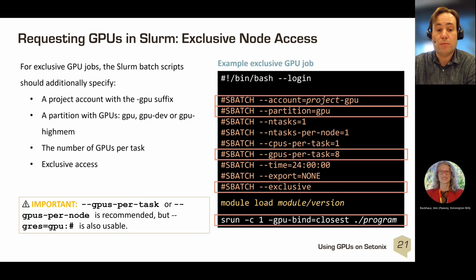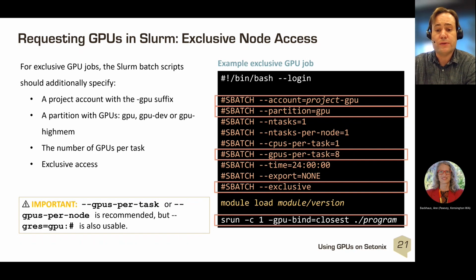The number of GPUs per task, or the GPUs per node, is the recommended way of requesting GPUs through the Slurm batch scripts. If you look through the Slurm documentation, there are a couple of other ways of requesting GPUs, but we strongly recommend using these two because they're currently working on the system.